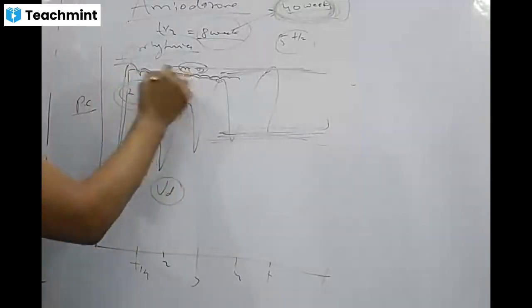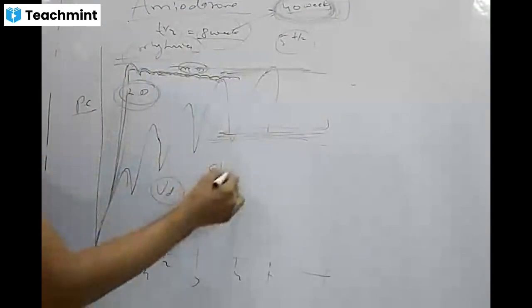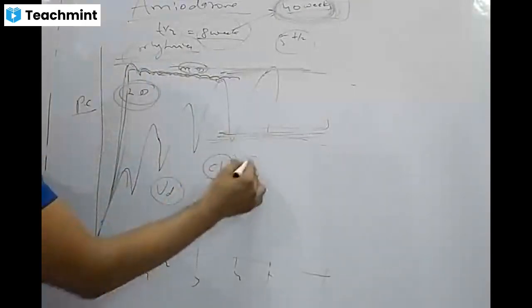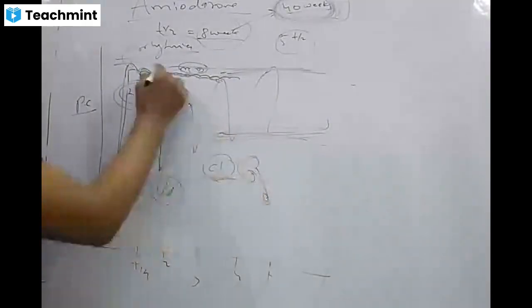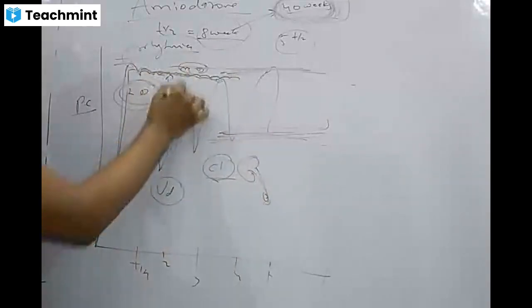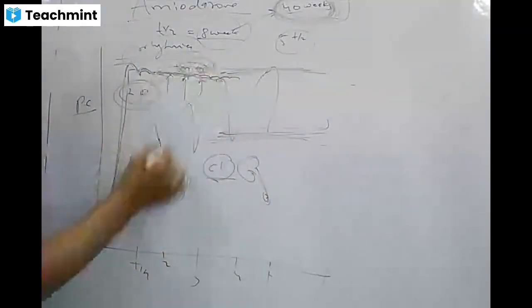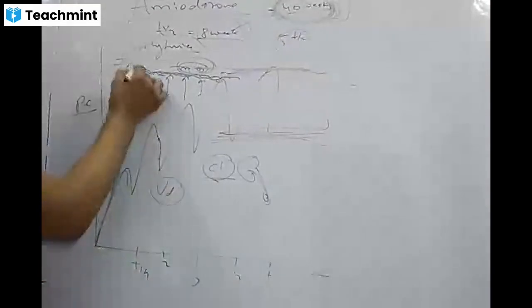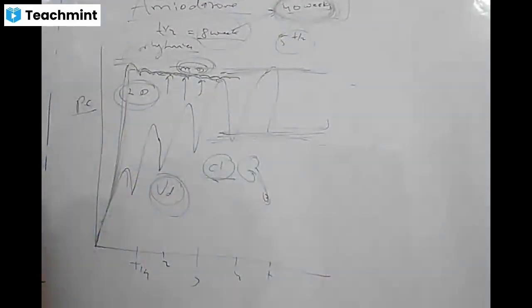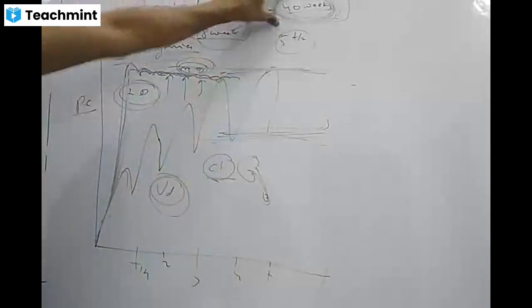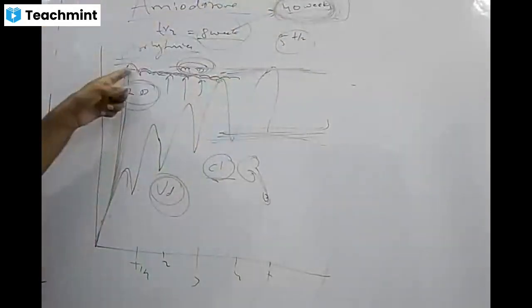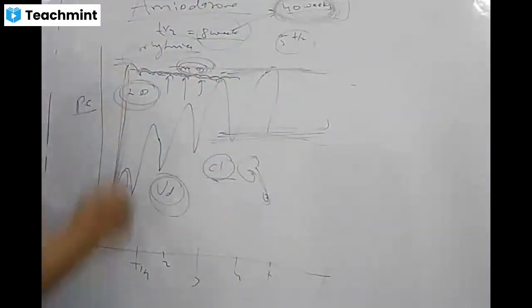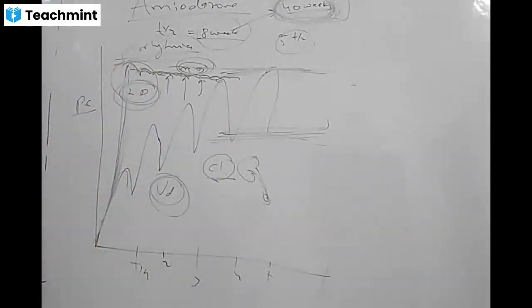We give the maintenance dose daily because of clearance: the kidney will clear the drug, then we give it again. So the initial high dose is the loading dose, and without waiting these 40 weeks we can control the arrhythmia within the first week itself. This is the concept of loading dose and maintenance dose.